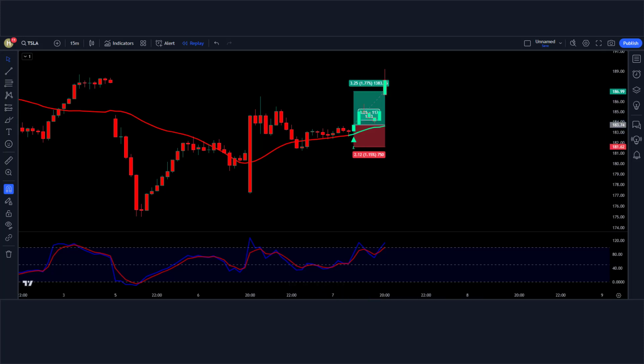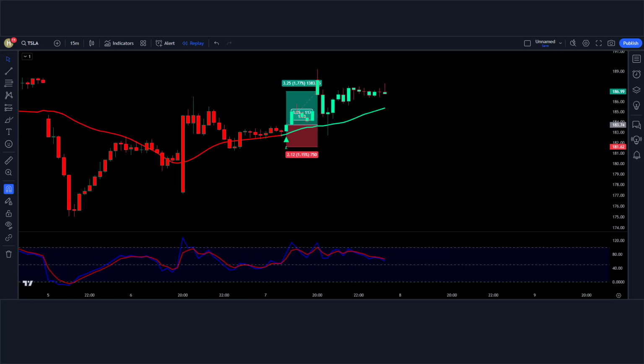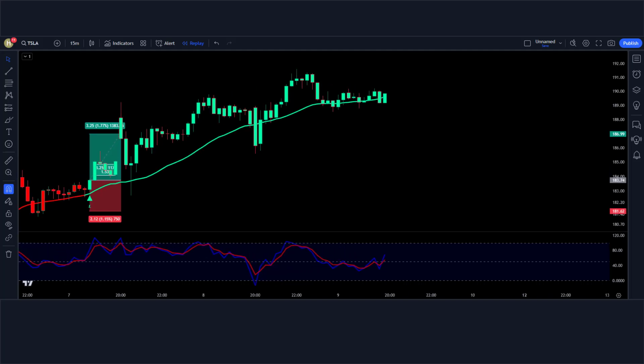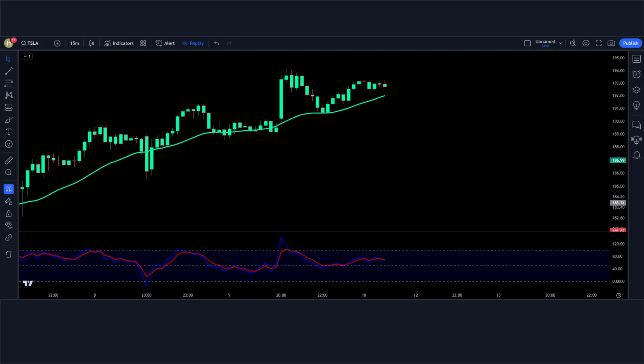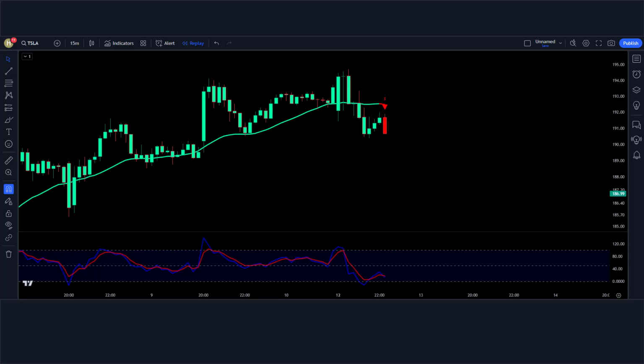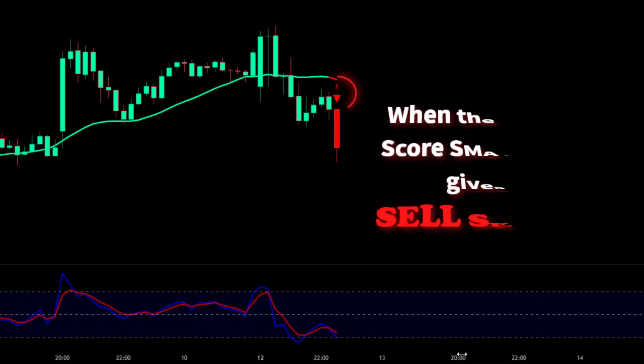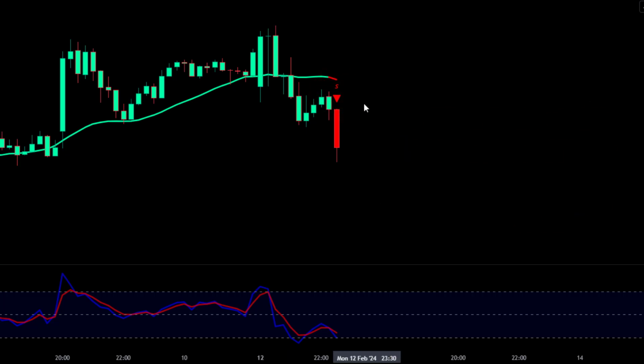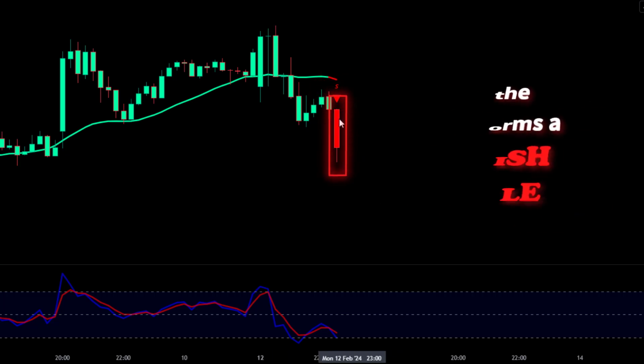Now let us understand the short position. When the Dynamic Score SMA indicator gives a sell signal. When the market has formed a bearish candle.